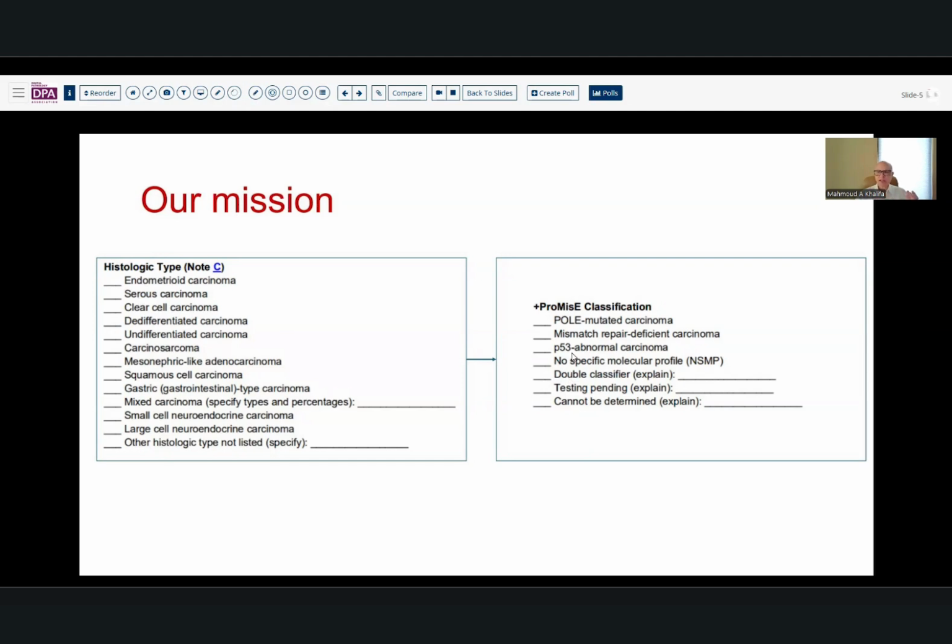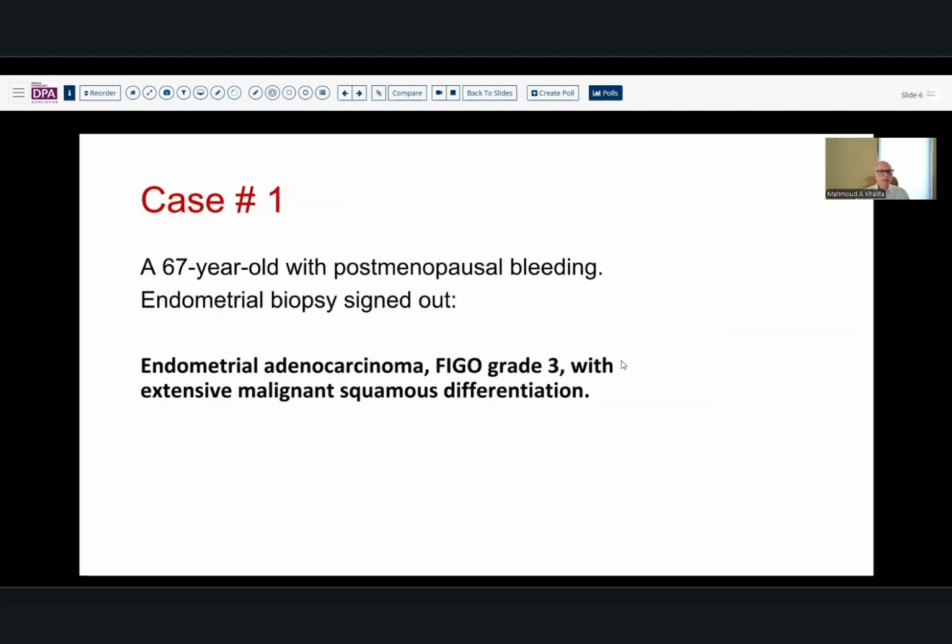So every endometrial cancer has to fit in one of 4 categories, either polymutant or MMR deficient or P53 abnormal. And if the case doesn't fit in any of these 3 categories, we will call it NSMP, or no specific molecular profile.